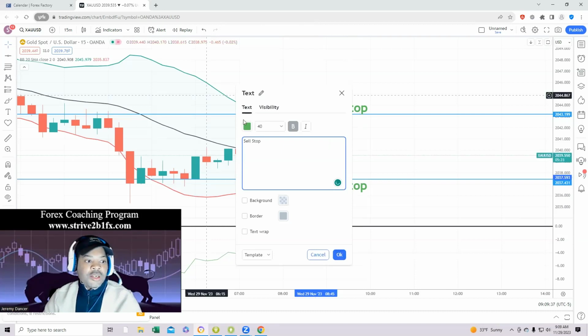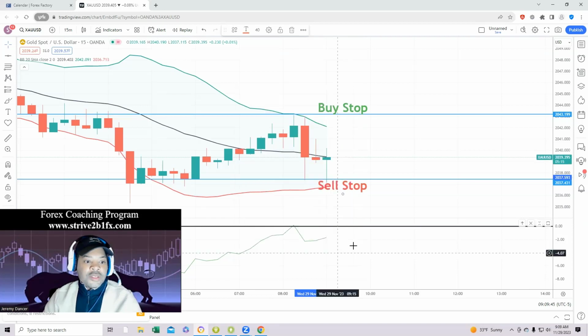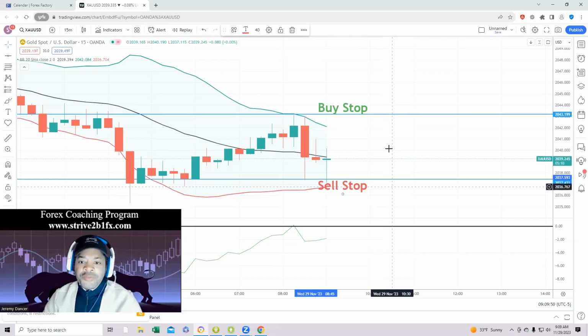So we'll just edit this real quick, and we will also change the color just so we can see that that is in fact a sell, just for visual purposes. So this is a very tight consolidation.